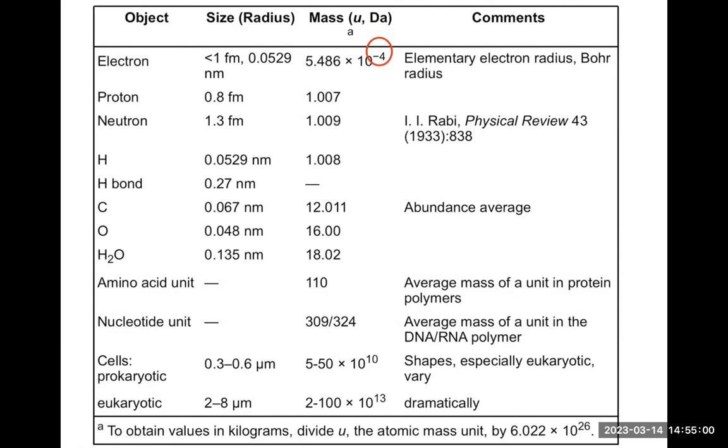prokaryotic, let's say fraction of a micrometer. I typically think of cells as starting from E. coli about micrometer to eukaryotic, which are actually tens of micrometers, starting with 10 maybe. And then you have the number of atoms, powers of 10 for cells, 10 to the 10th, 10 to the 13th.